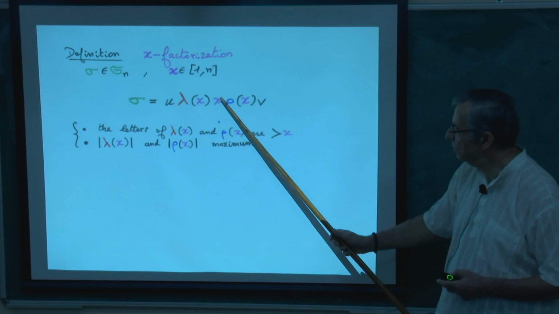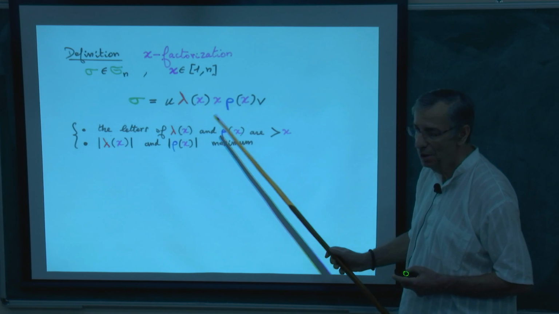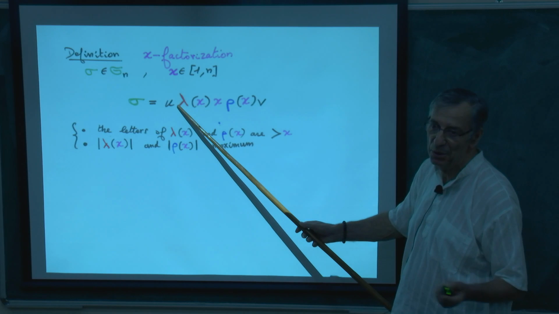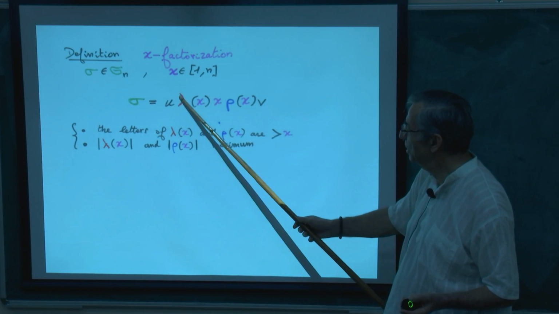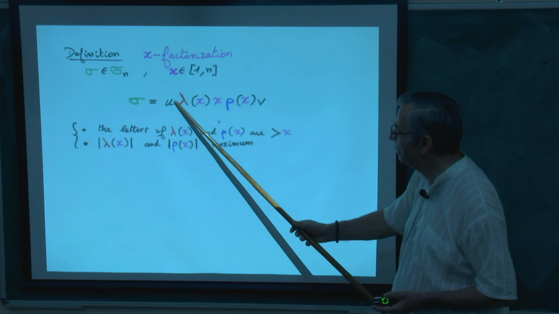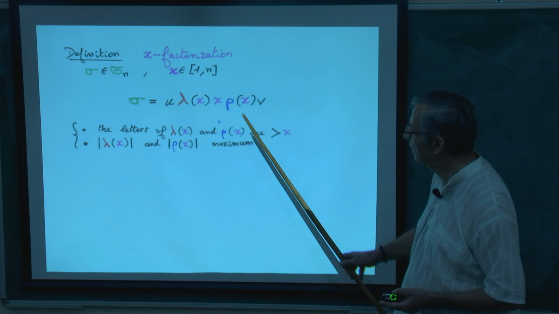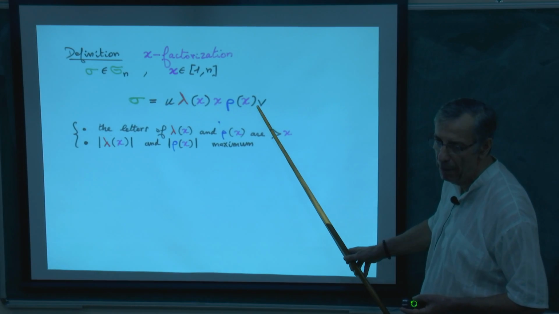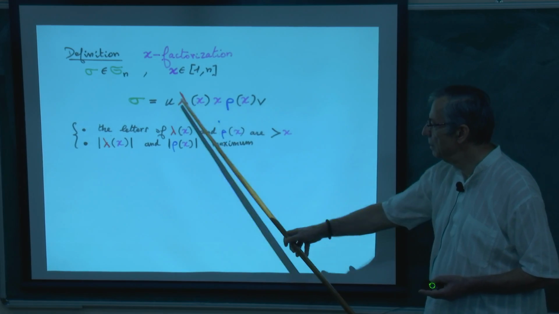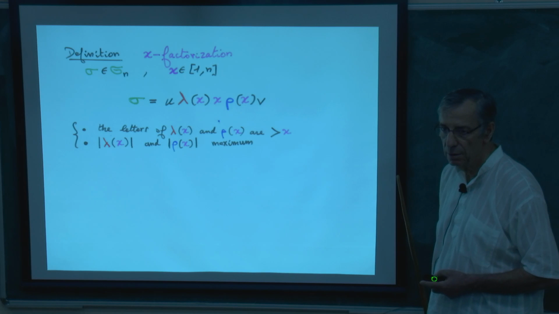So you see, the letter X is inside, in the middle of the word, and on the left you go taking all the letters strictly bigger than X, until you stop. Maybe there is no letter strictly bigger, so maybe this word is empty. But you take the maximum possible letters on the left of X bigger than X, the maximum possible letters on the right of X, and then maybe there are some U and V appearing on both sides. So this is the X-factorization.